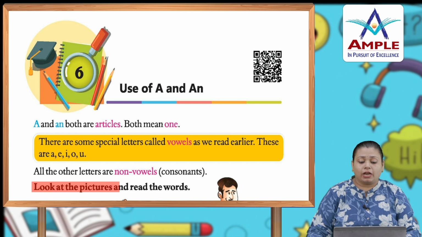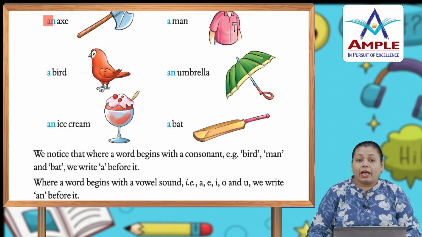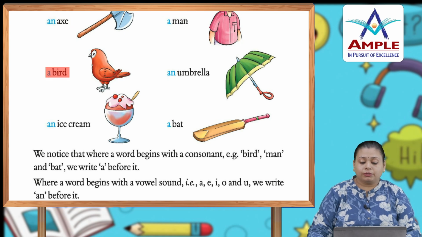Look at the picture and read the words. 1. An X, a man, a bird, an umbrella, an ice cream, a bat.